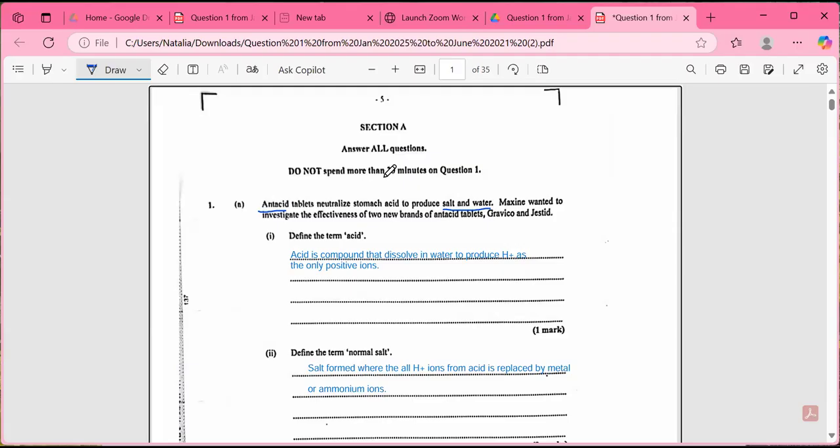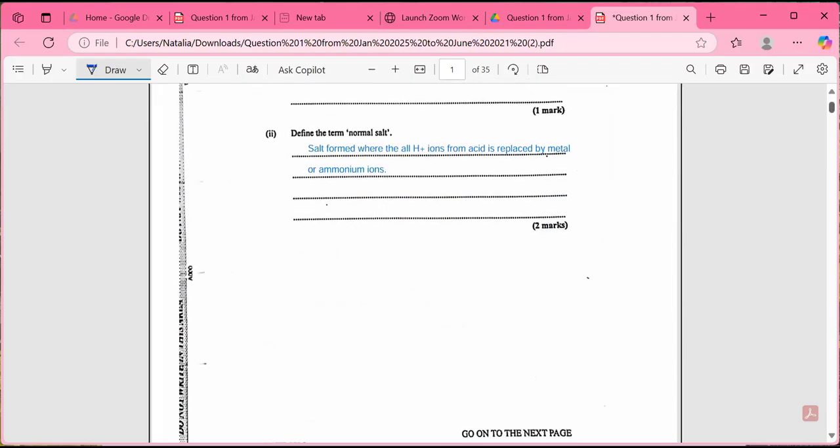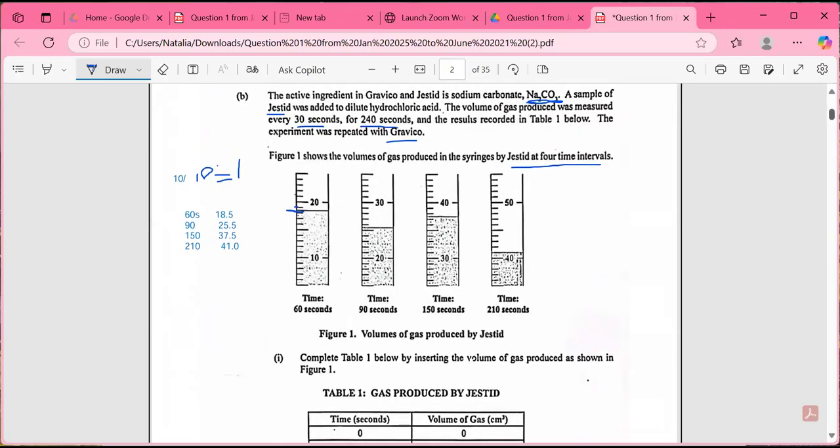Thank you. So I want to figure out the effectiveness of the two brands. When both of them react, both of them are producing carbon dioxide. So the one which is most effective, we're going to say that one produces more carbon dioxide. Are we clear?